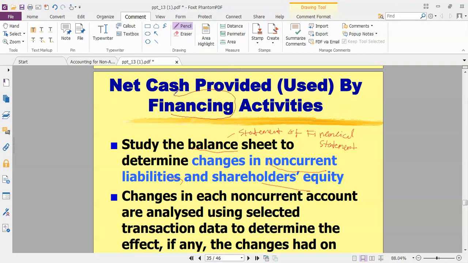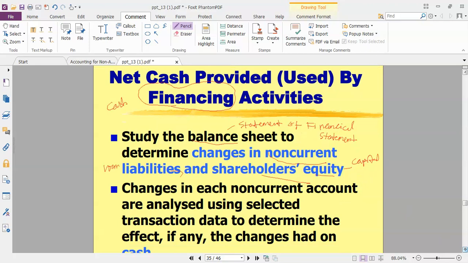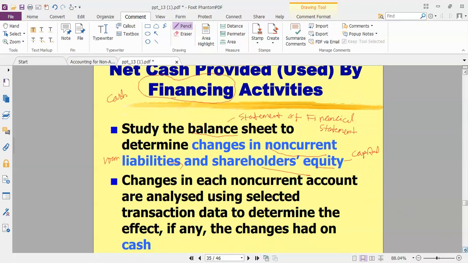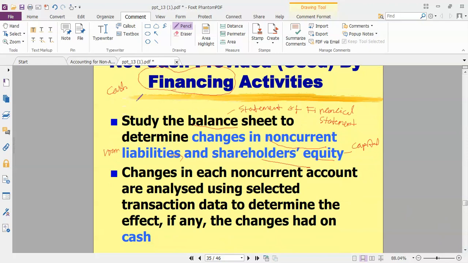Finance means from where you got the cash itself, the money for you to operate the business. From where? First from the loan, loan from the bank. And another one is the capital, money given by the shareholders. That is the sources where the company will get their money to finance their company.